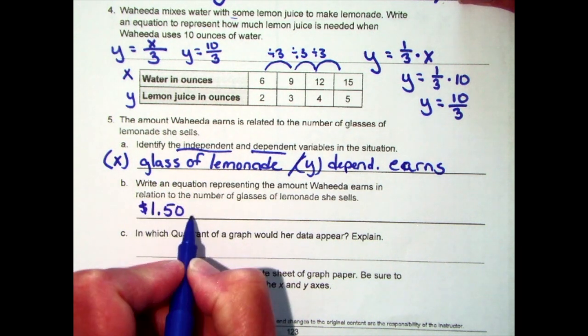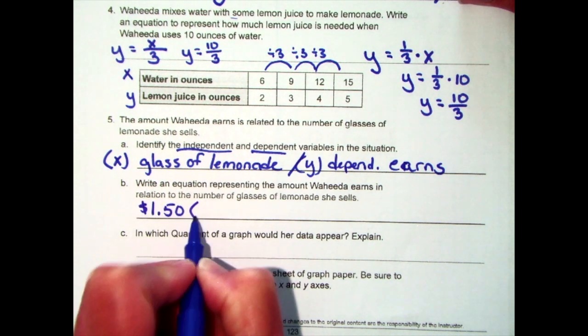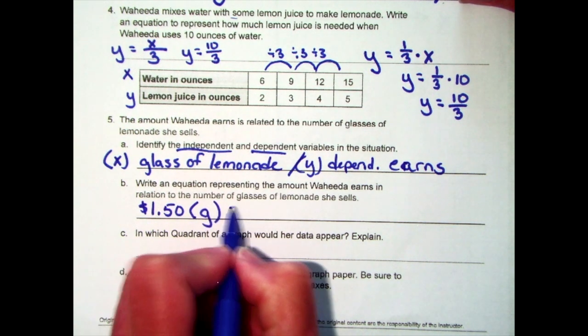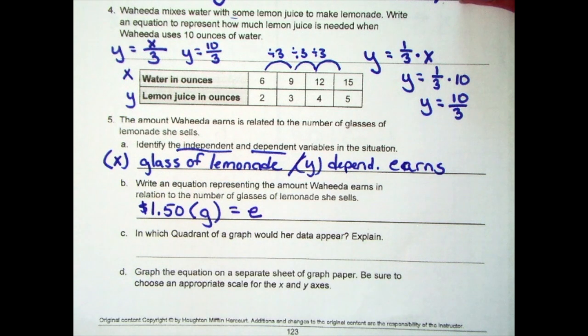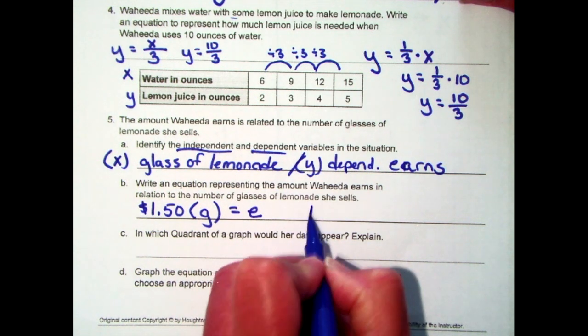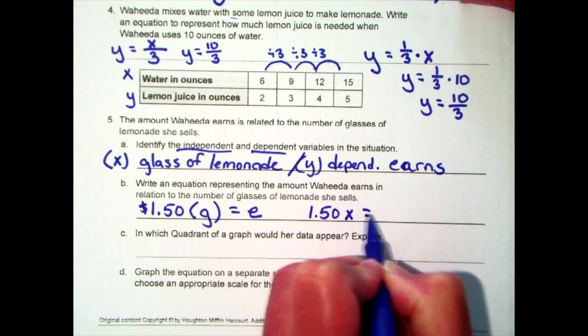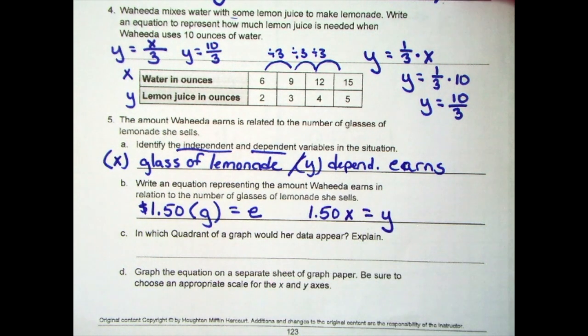And we know that she's going to sell some number of glasses. And that is going to equal how much she earns. Okay. We could also write it as 1.50x is equal to y, how much she earns.